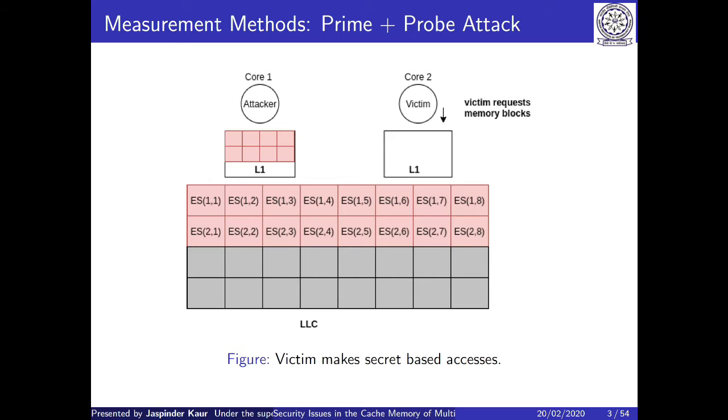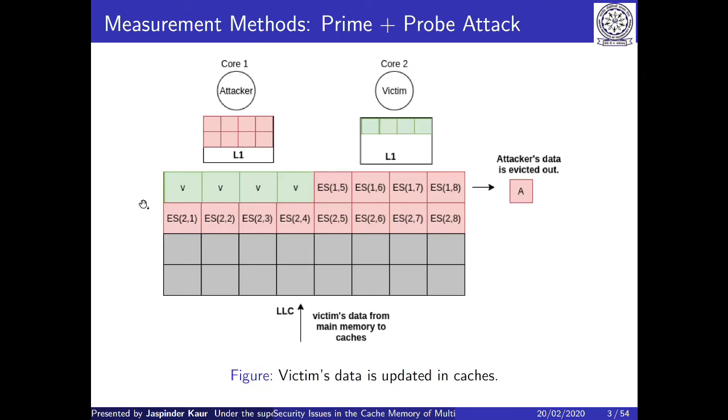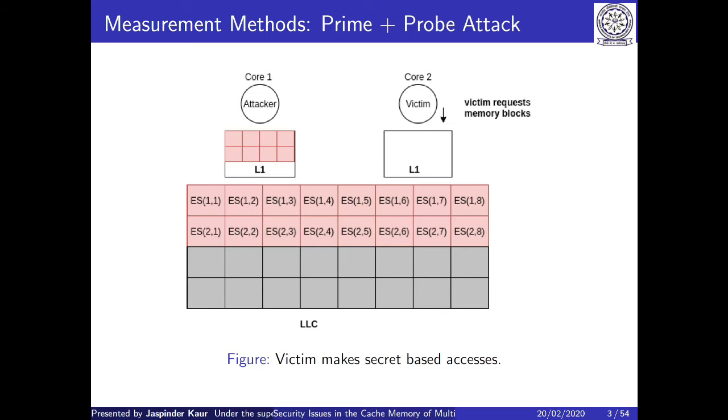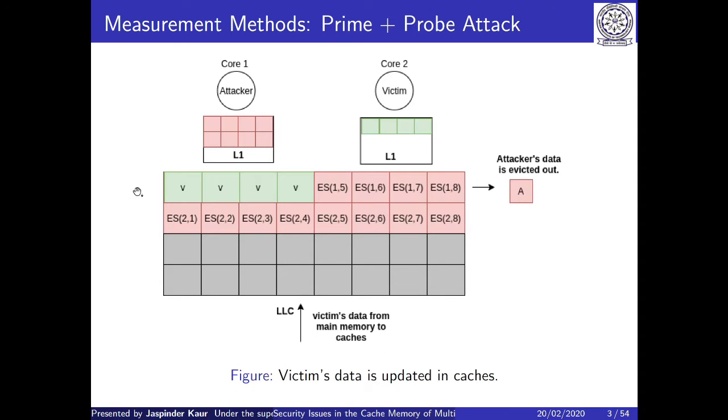In this time, if the victim application requests some blocks which map to set one, then it will change the cache state. Some of the blocks currently residing in set one, which belong to the attacker application, will be removed, and in place of these blocks, the blocks from the victim application will be placed like this.